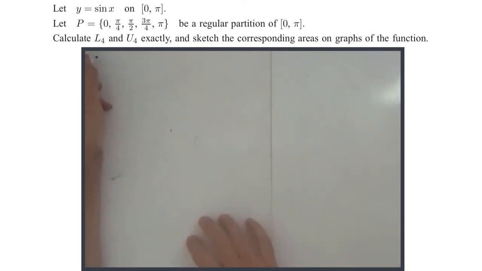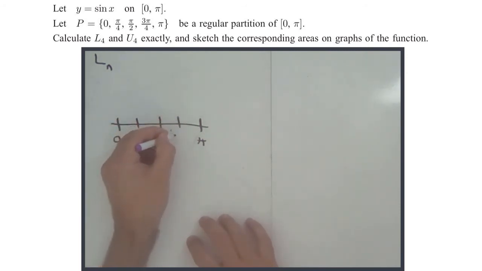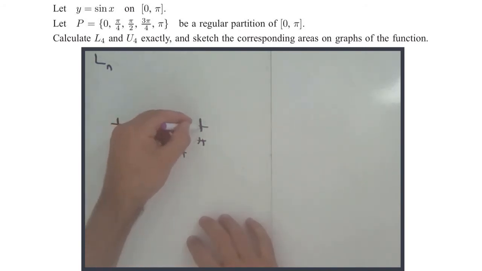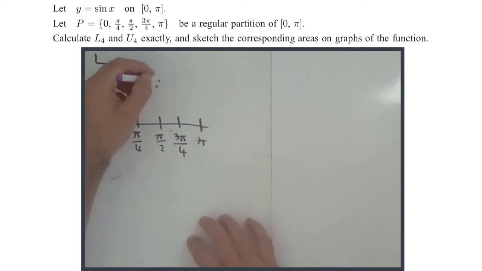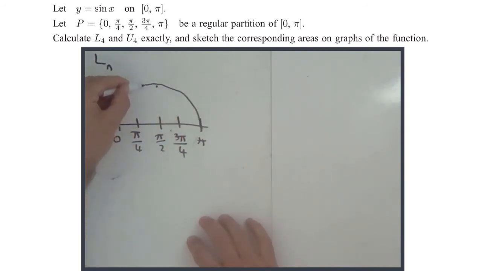So for our lower sketch, remember we had 0 and pi, and then we've got pi by 2, pi by 4, and 3 pi by 4. And then we've got our graph of sine x, which goes up to 1 here, something like that.